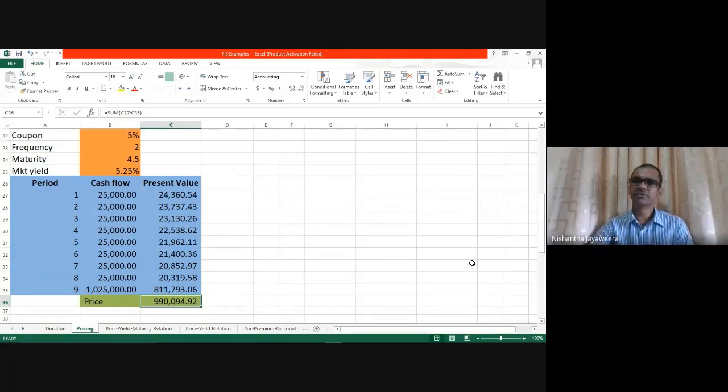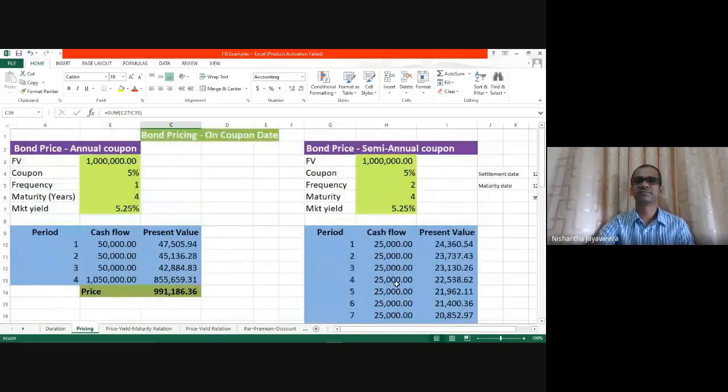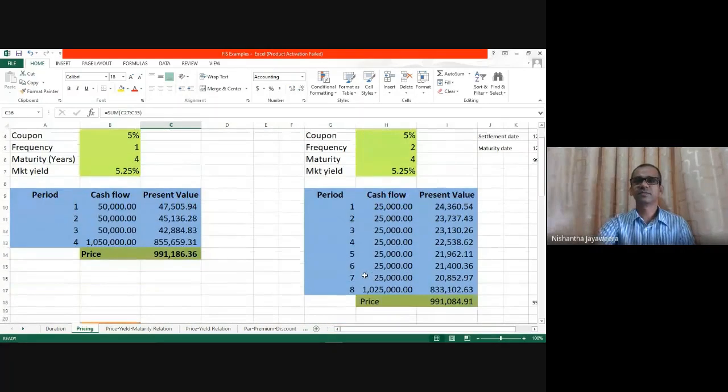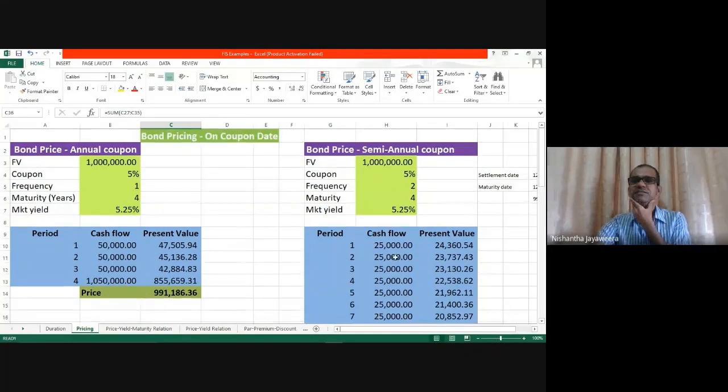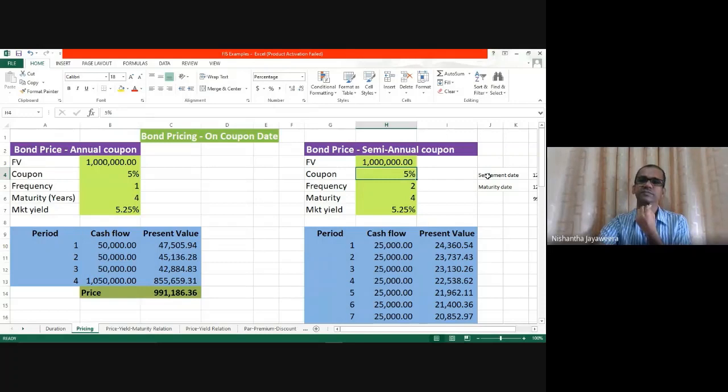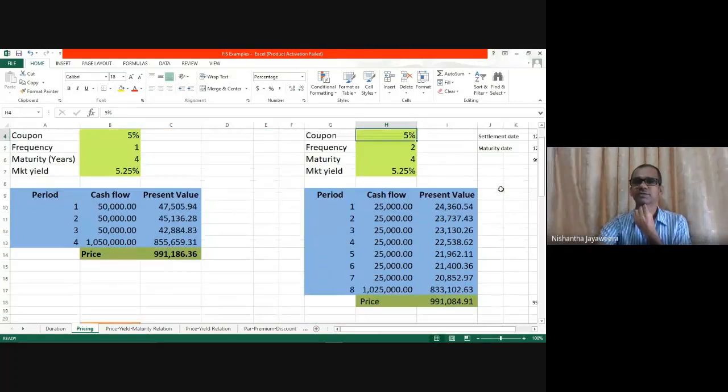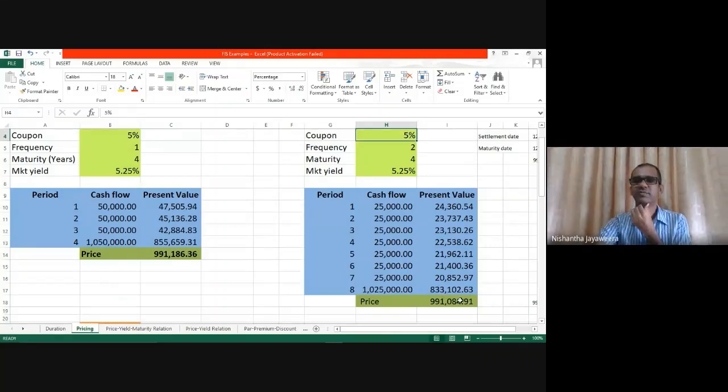Now, if you want, you can do another comparison. Say this one, what would happen if you change the coupon? What do you expect? If you increase the coupon to 6%, would the price be more than this or less than this?